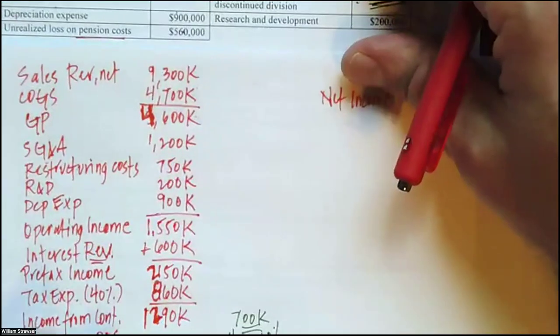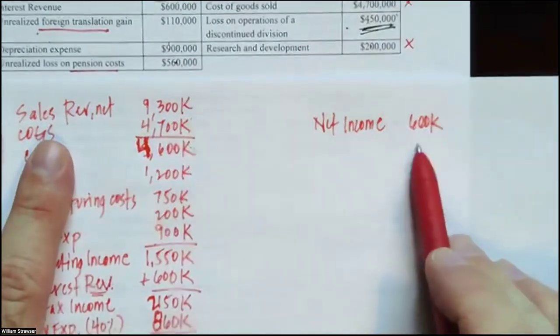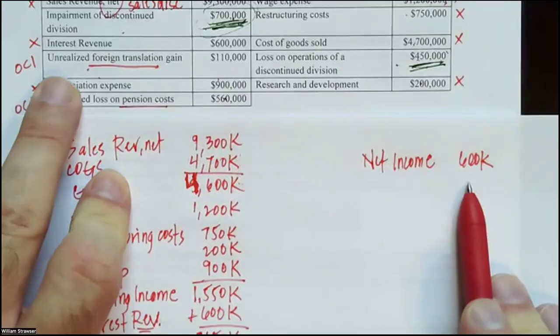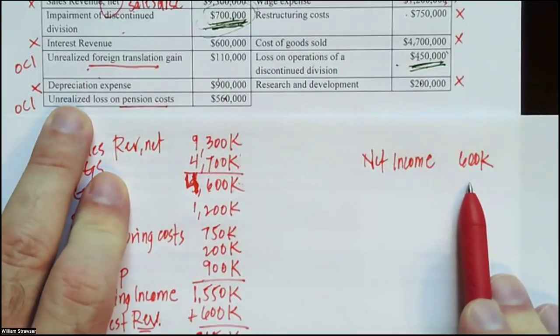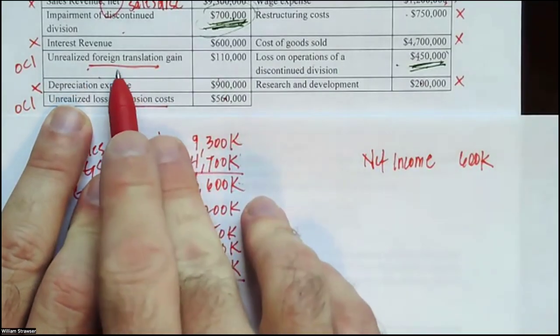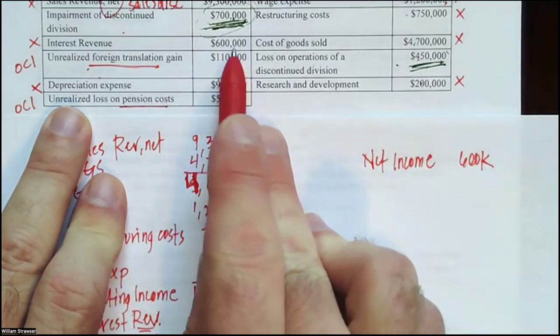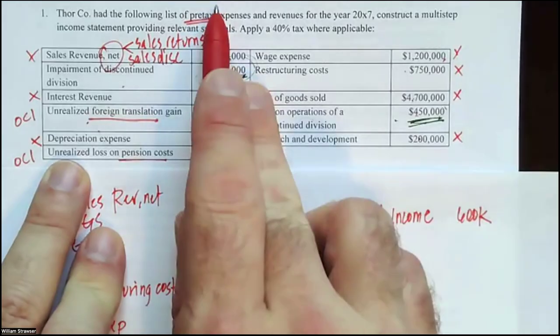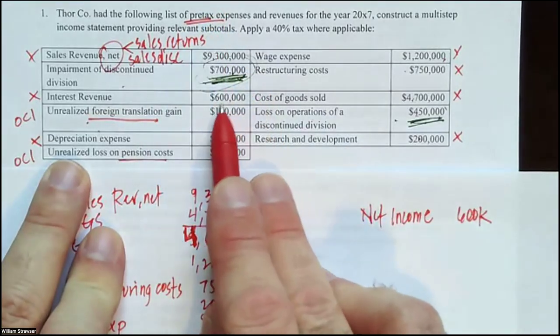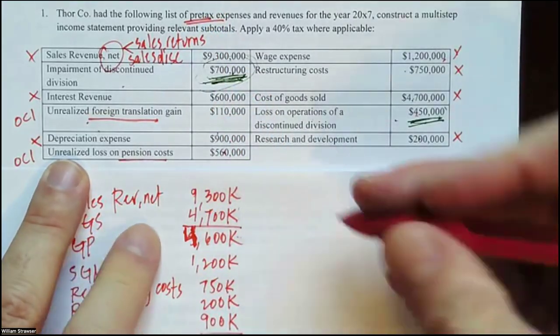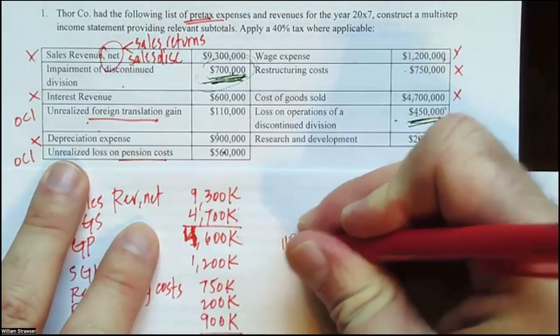And we include the two pieces that remain that I flagged as OCI. So we have an unrealized foreign translation gain. This is pre-tax, just like all of the numbers up here are pre-tax, so we need to net taxes out of that.